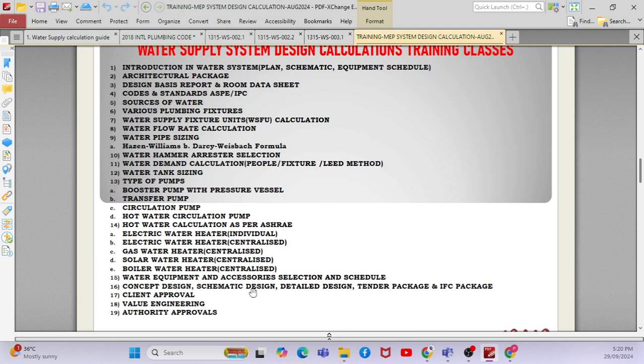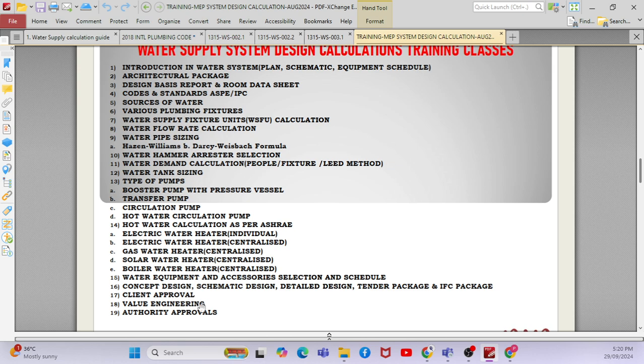In the schematic design, you will do the detailed calculations. And in the detailed design, you will do the plan layout, schematic diagram, reports, and calculation report, everything. Once you have done everything, you will float the tender and send it out for selection of supplier and contractor. Then you will send it to the client for approval.